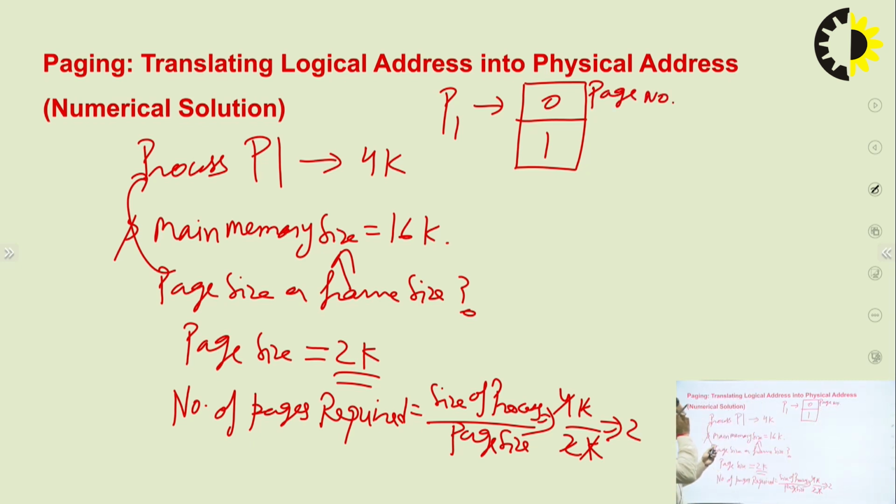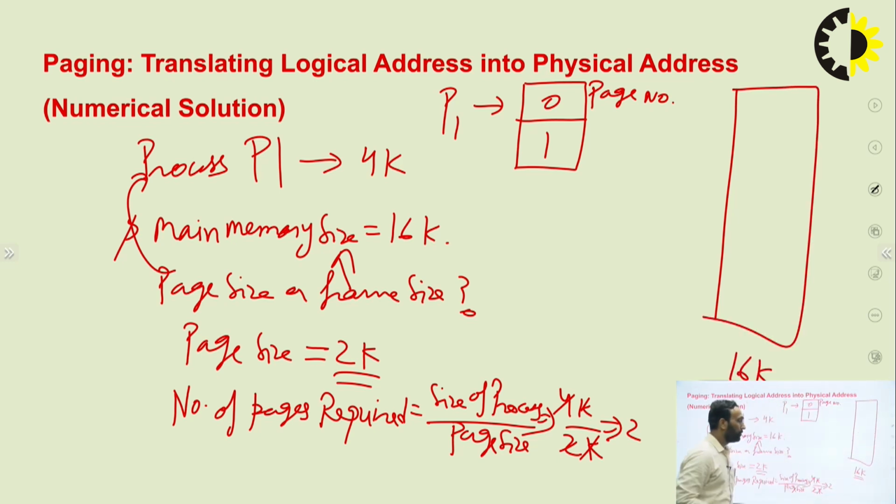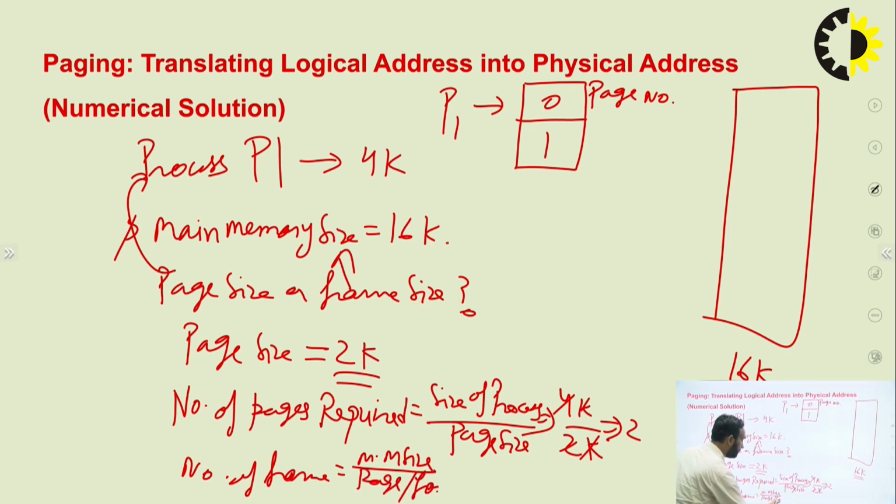Likewise, what size main memory do we have? That is 16K. So 16K memory will be divided into how many frames? Very easy. The frame size and page size must be the same. So what will it be? The number of frames will be main memory size divided by page size, or we can say frame size.